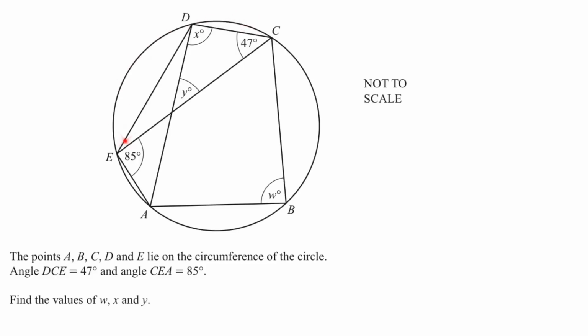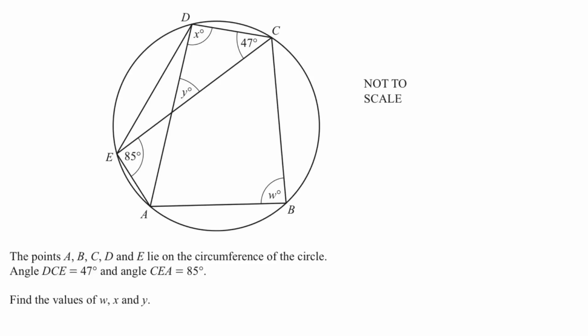This looks like an interesting circle theorem question. And we have to find values of w, x, and y. DCE is 47, CEA is 85, and that's the only information that has been given to us. But that's enough.